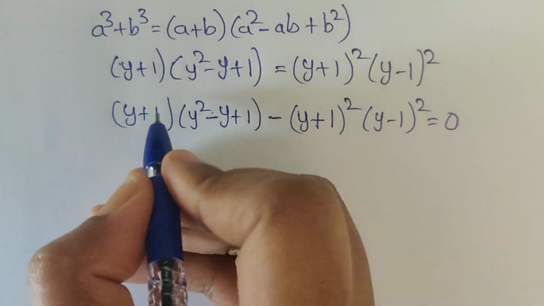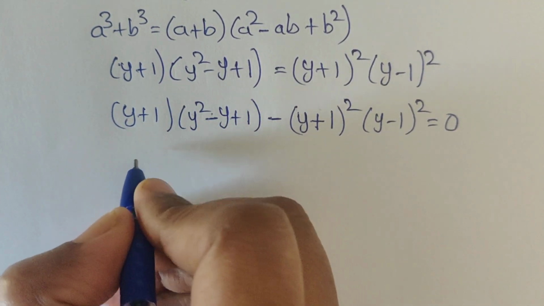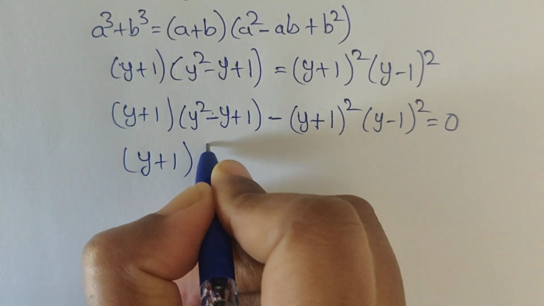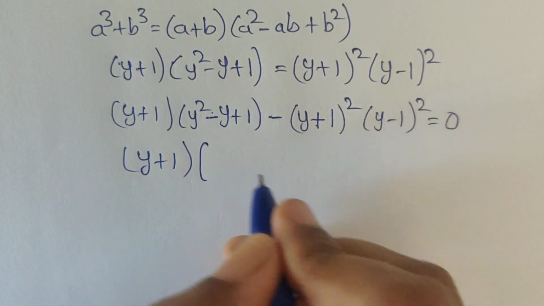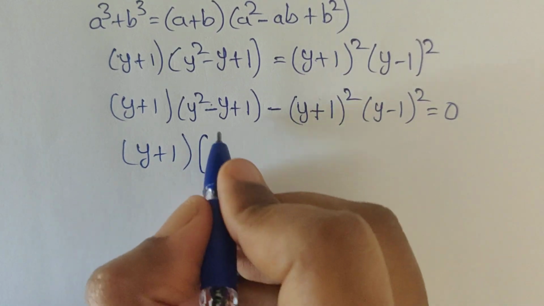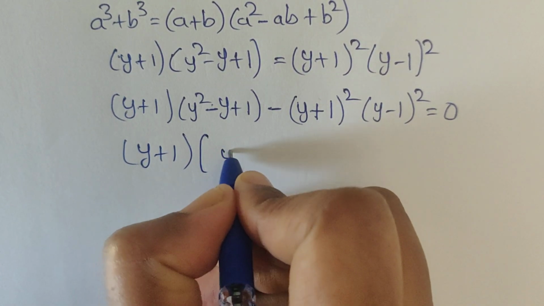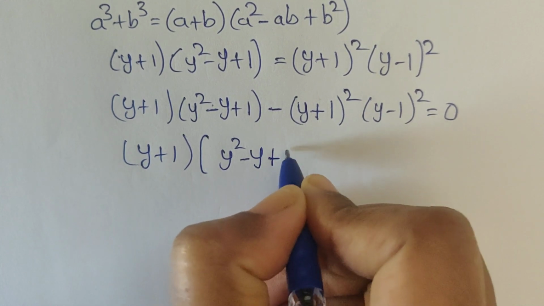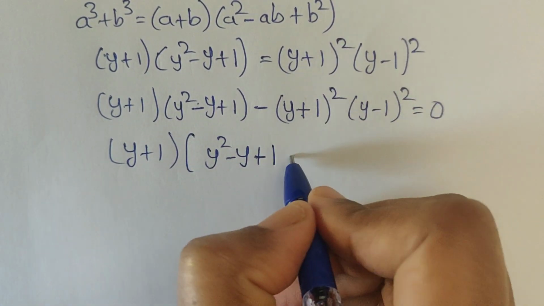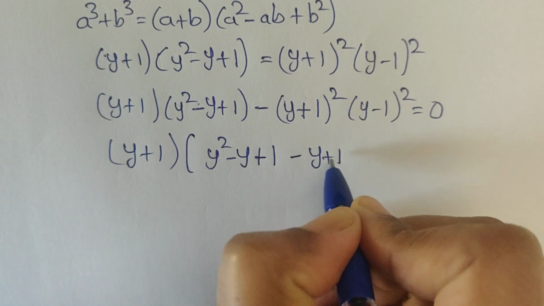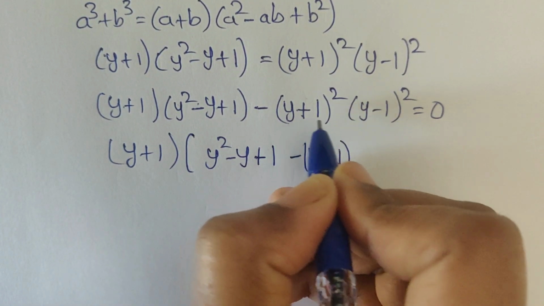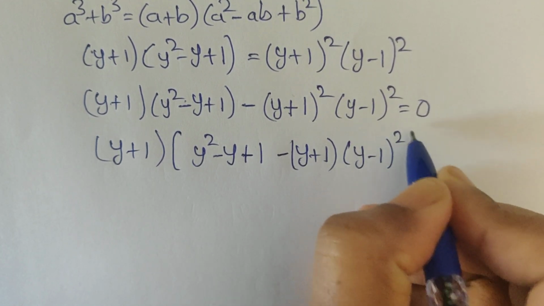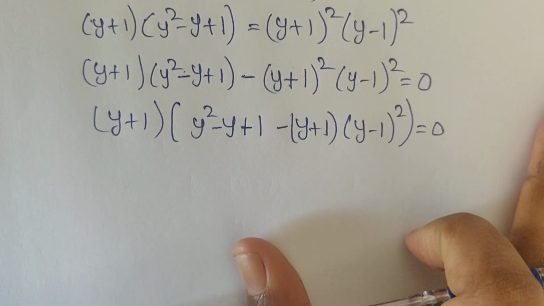So we can take out y plus 1 as a common factor. Here we will write the leftover terms, that are y square minus y plus 1, minus y plus 1, times y minus 1 whole square is equal to 0.